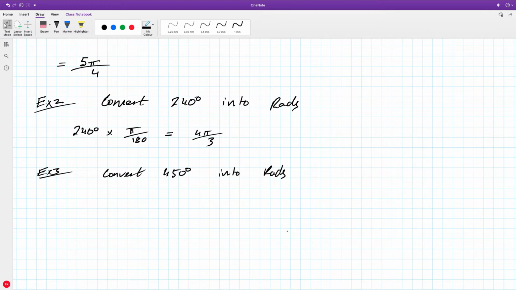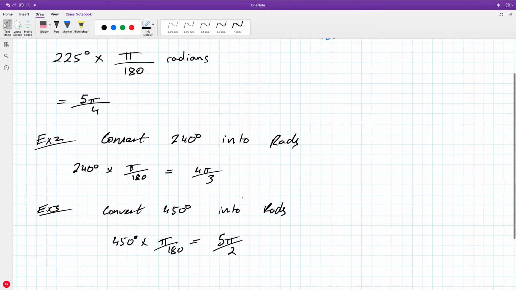And we get 5 pi over 2. 450 degrees multiplied by pi over 180 equals 5 pi over 2. Right, we also have to be able to go the other way.